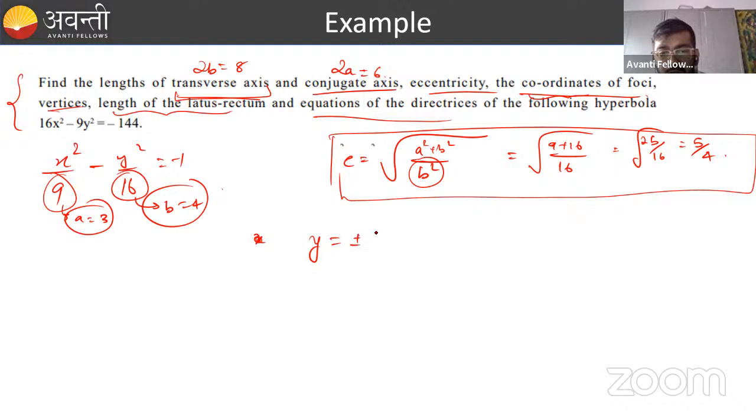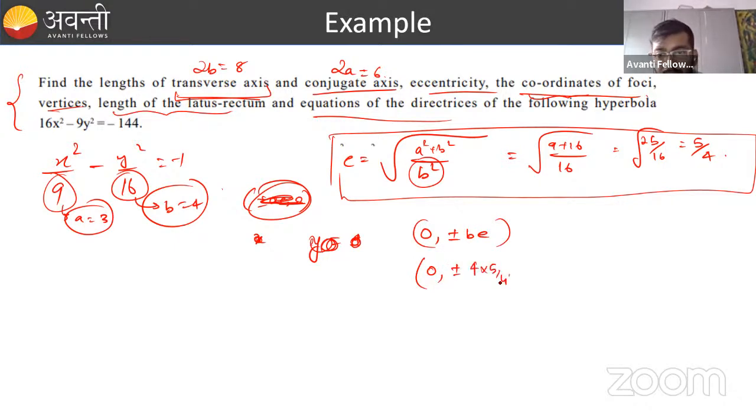Earlier it was plus minus a comma 0 in the normal hyperbola, and in the conjugate hyperbola x will change to y, so 0 will come here, and a will change to b, so it will become 0 comma plus minus b e. The b value is 4 into 5 by 4. 4 gets cancelled, so 0 comma plus minus 5. So this is our foci, the coordinates of the foci.